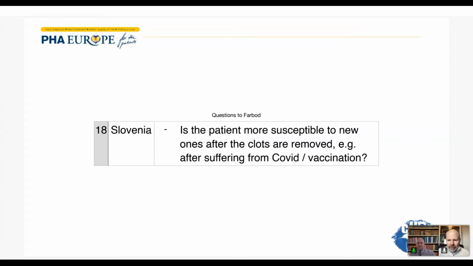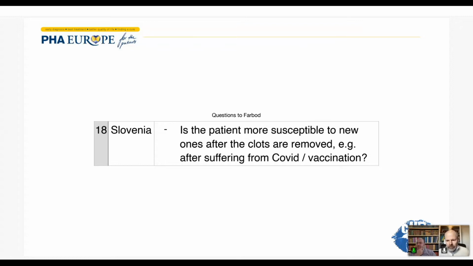Above 2.0. Slovenia: is the patient more susceptible to new clots after the clots are removed, for instance, after suffering from COVID and vaccination? This is also a topic that is not well understood, whether the arteries that have been acted upon are more susceptible to new clot formation.